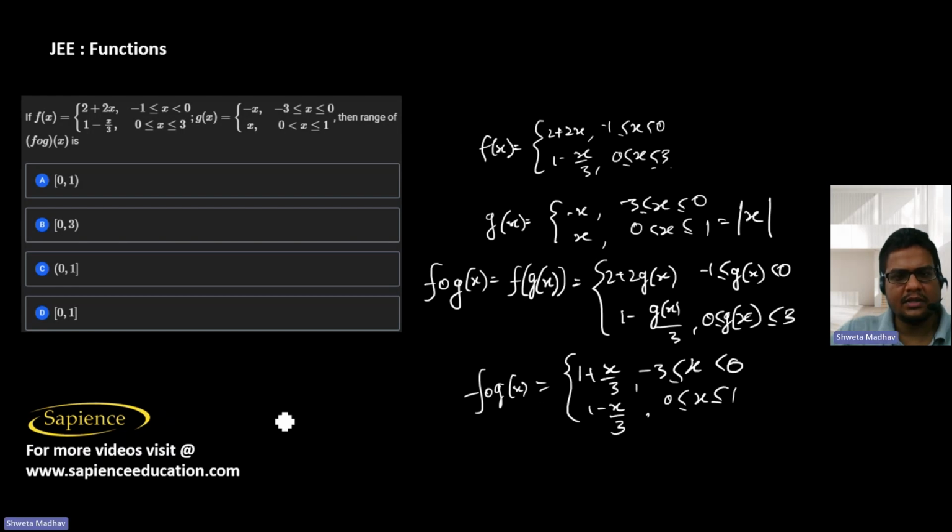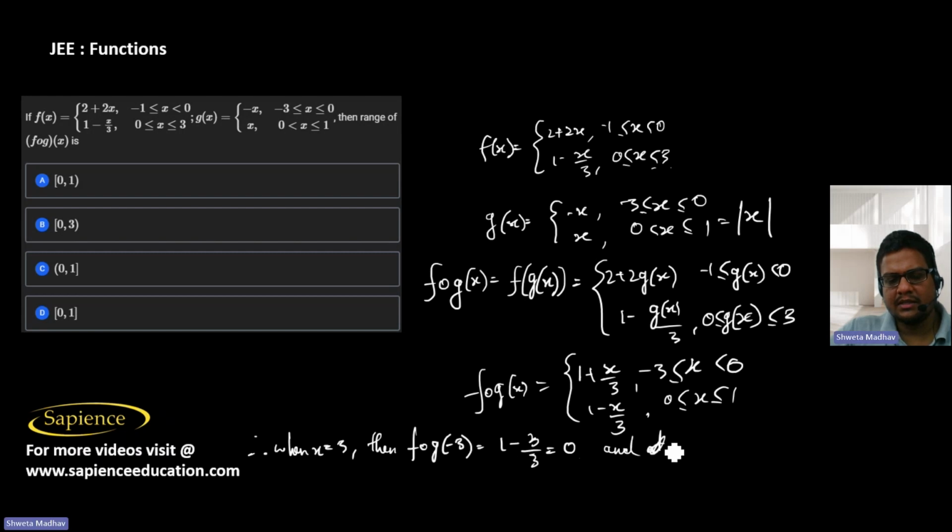Now therefore the range you have to find out. When x is equal to -3, f of g of -3 will be equal to 1 minus 3 by 3, that is equal to 0.